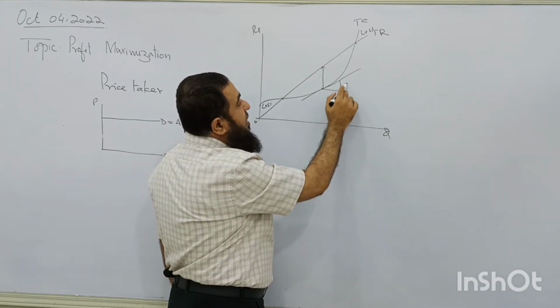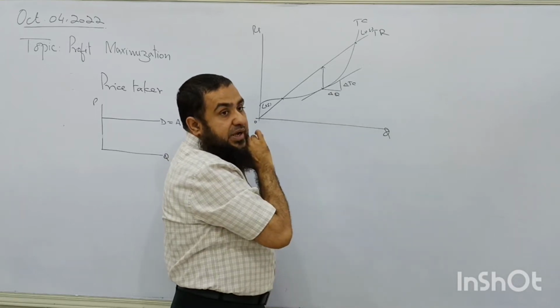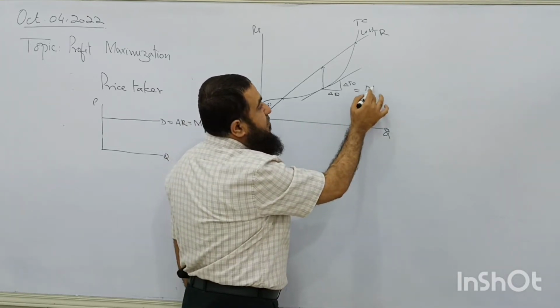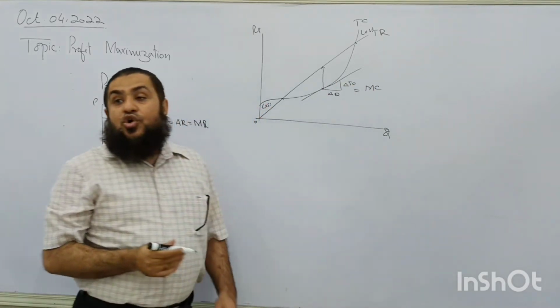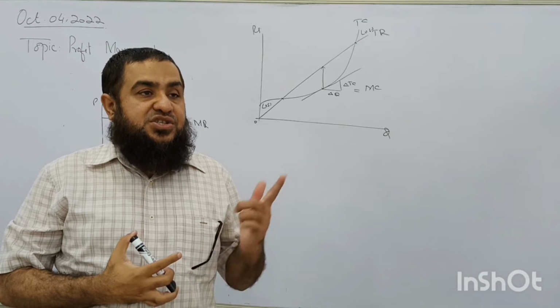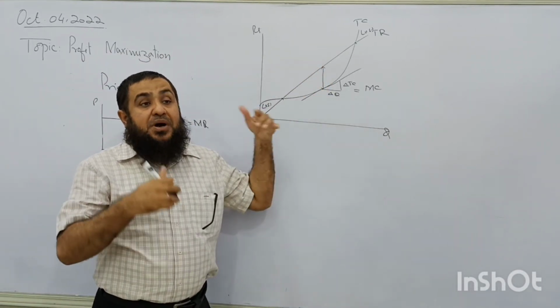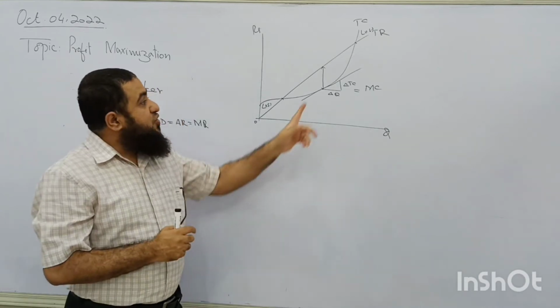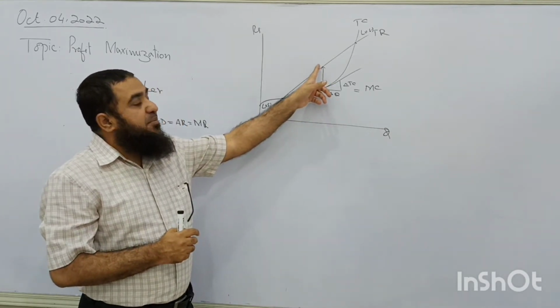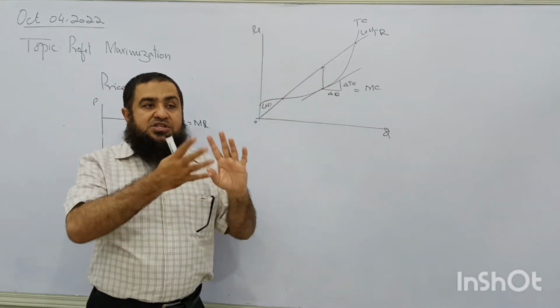Change in total cost due to change in output, and it is the definition of marginal cost. Slope of total cost is called marginal cost, and slope of total revenue is called what? Marginal revenue. So you see, this gradient can be parallel to the slope of total revenue.